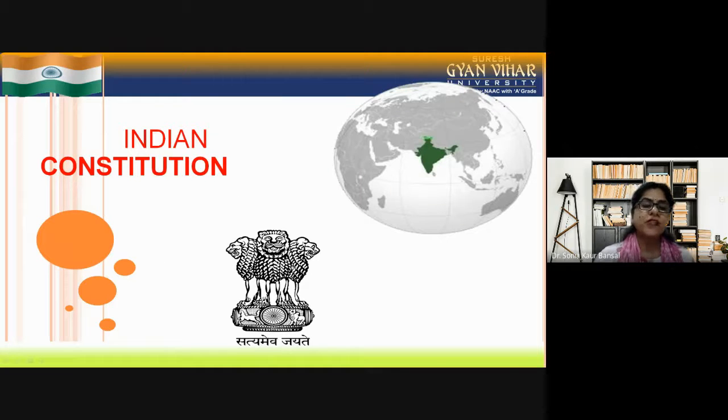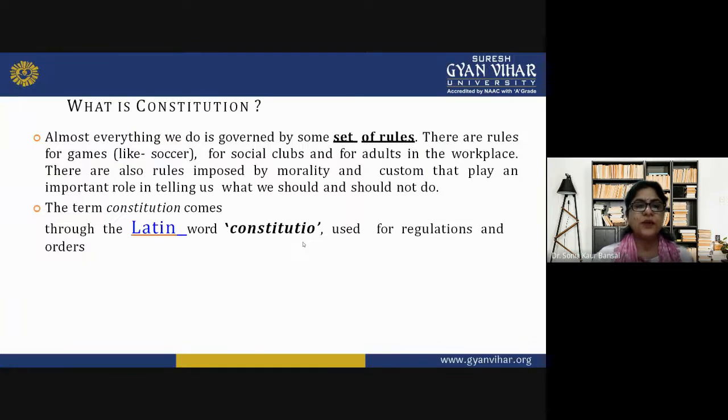So first of all, the Indian Constitution. Jai Hind, Jai Bharat. We must have a great passion for our Indian Constitution and respect as well. So what is a constitution, students? Let's understand it first. Almost everything we do is governed by some set of rules.